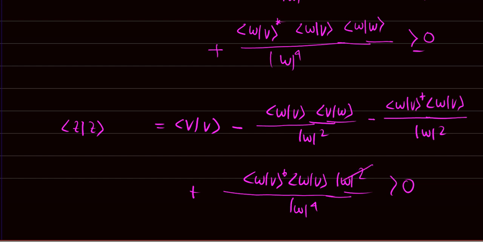So this omega square and this will cancel out and we'll get omega square. So this term and this term will cancel out.